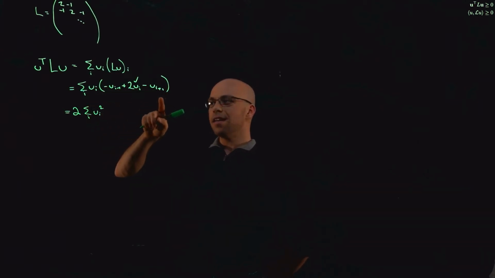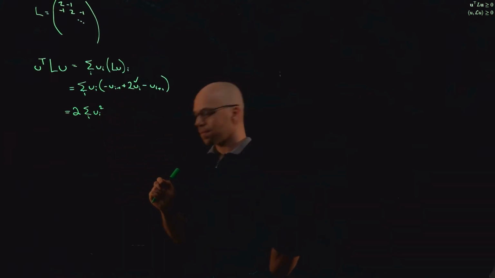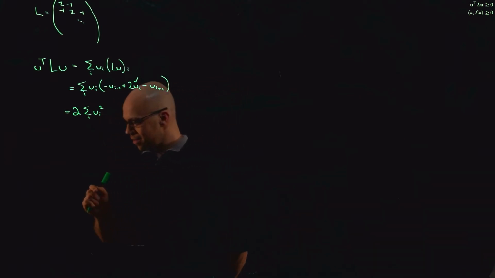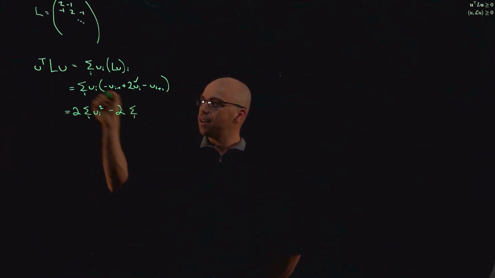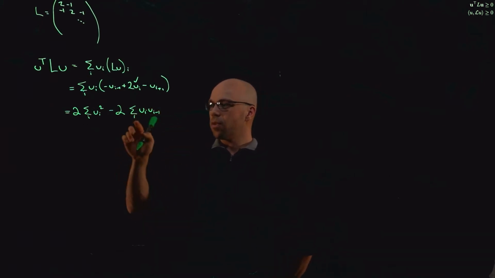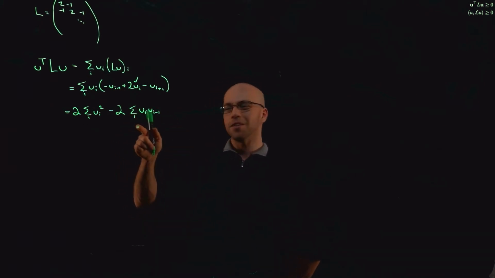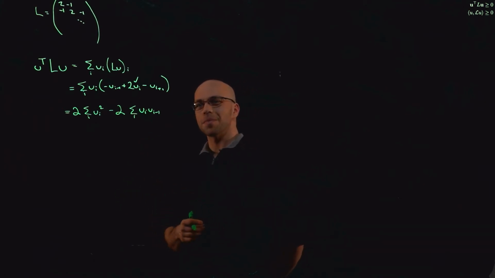If we re-index the second one by shifting to the left one term in our sum, what we get is minus 2 times the sum over i of Ui times Ui minus 1. And this is where i is now going from minus infinity to infinity, but we're just zeroing out any term that we don't have.